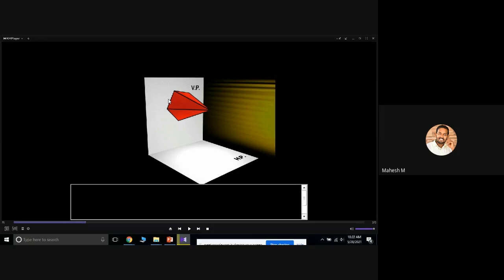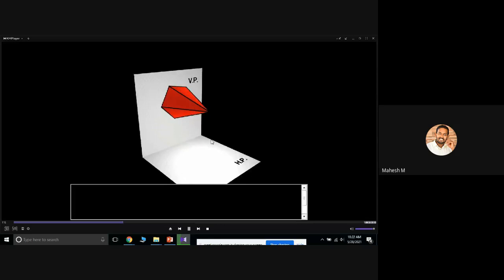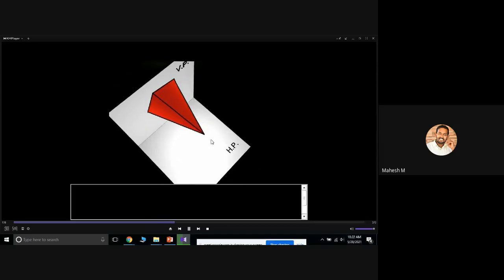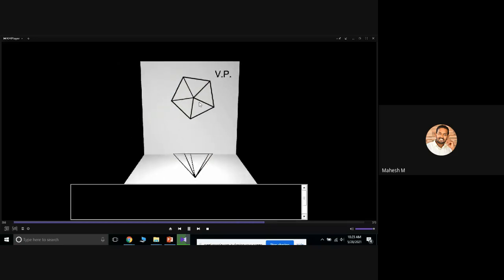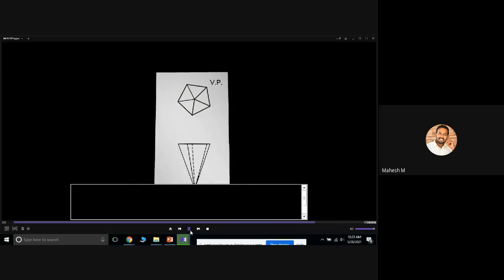Now the particular shape is touching the VP. That means your front view will look like the particular shape. If it is a pentagon, your front view will look like a pentagon. The top view will look like a triangle. If you create a front view, it will be available on the vertical plane. If you create a top view, it will be available on the horizontal plane. So the front view looks like a pentagon.